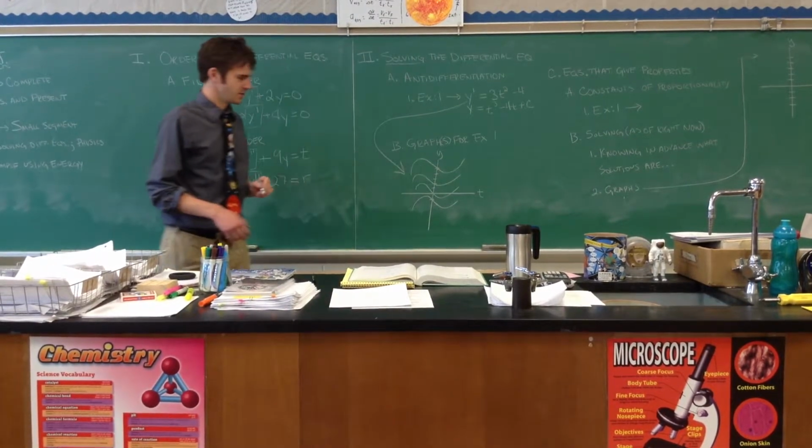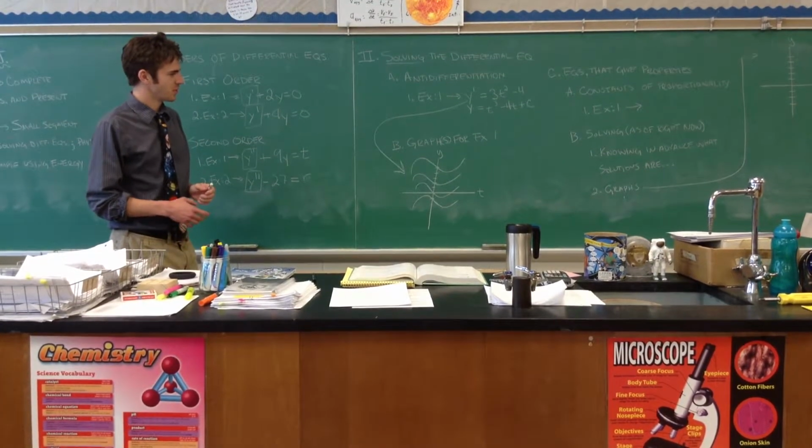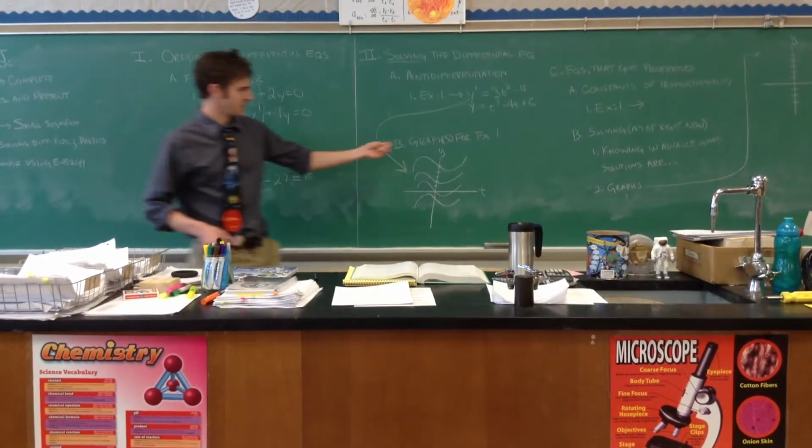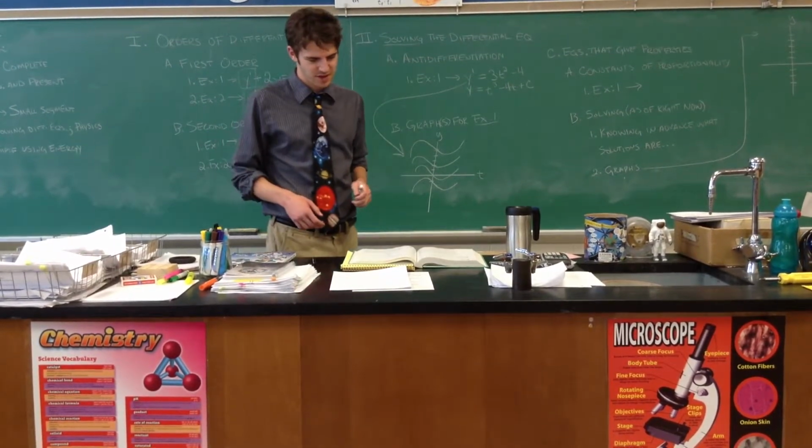I'll draw on that arrow, just so we aren't confused. This is what the graph is for example 1, I already wrote it down. Let's be as clear as we can be.